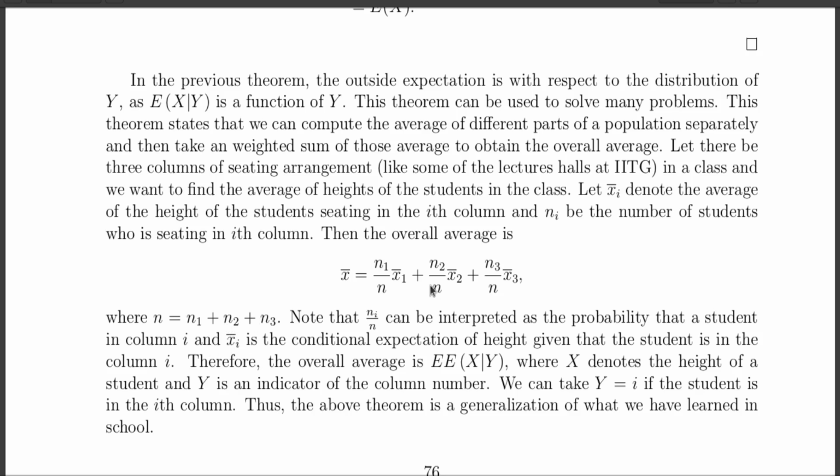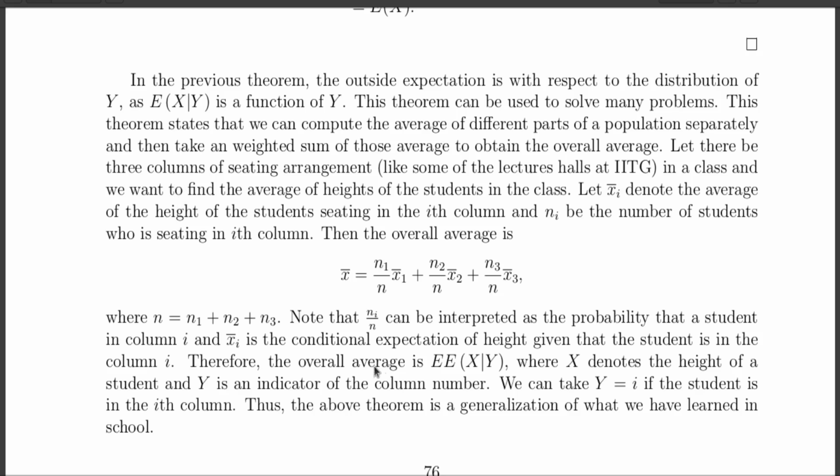Now notice that I can write this as n1 by n times x1 bar plus n2 by n times x2 bar plus n3 by n times x3 bar. Now see what we are doing here. What is x1 bar? x1 bar is basically the average height of the students in this column, so that is basically the conditional expectation of the height given the student is in the first column.